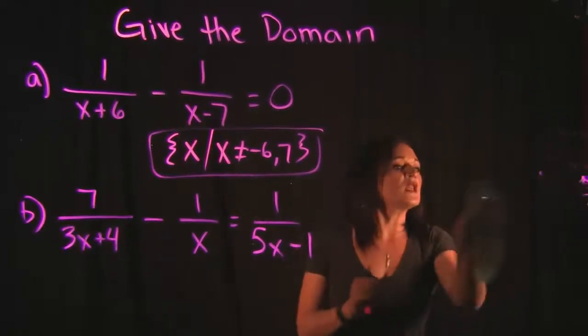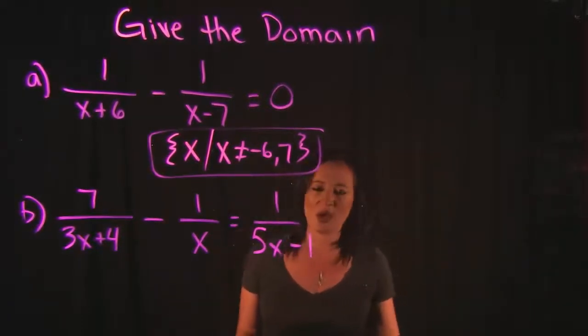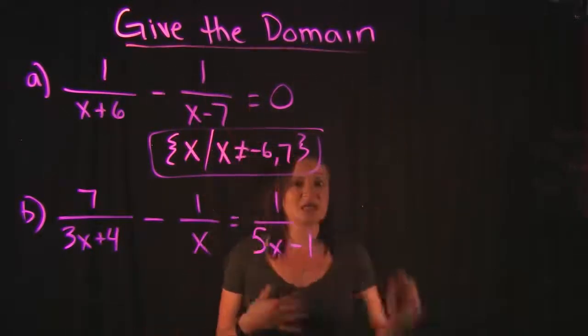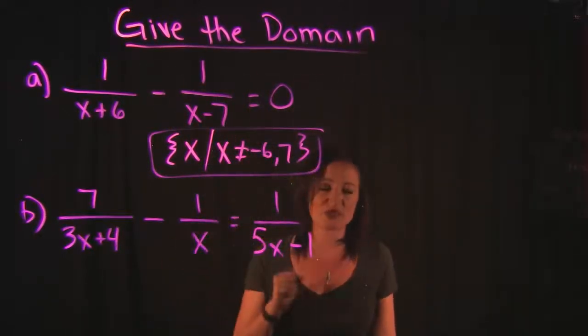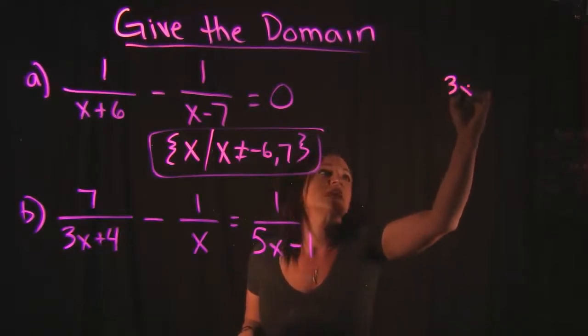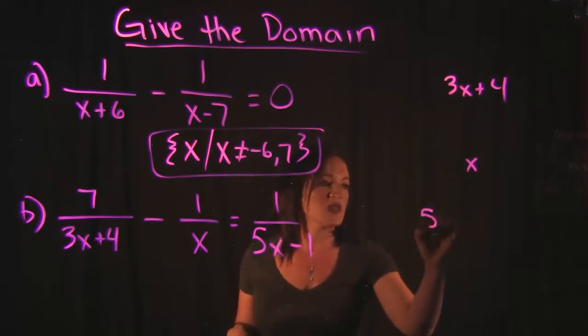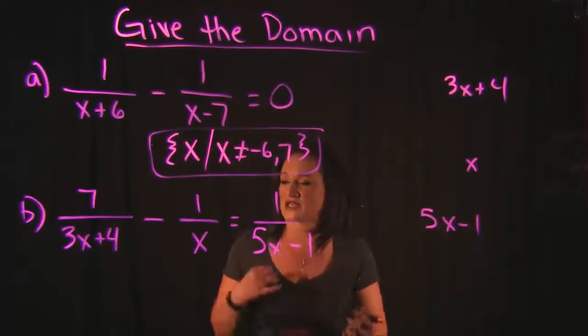We're going to do the same exact thing for the second equation. Again, we're only looking at our denominators for this kind of problem. We really don't care what's going on with the rest of the equation for right now. If all we need to do is give the domain of it, and this is a rational expression, look at the denominator. So our first denominator we have is a 3x plus 4. Then we have an x, and then we have a 5x minus 1.